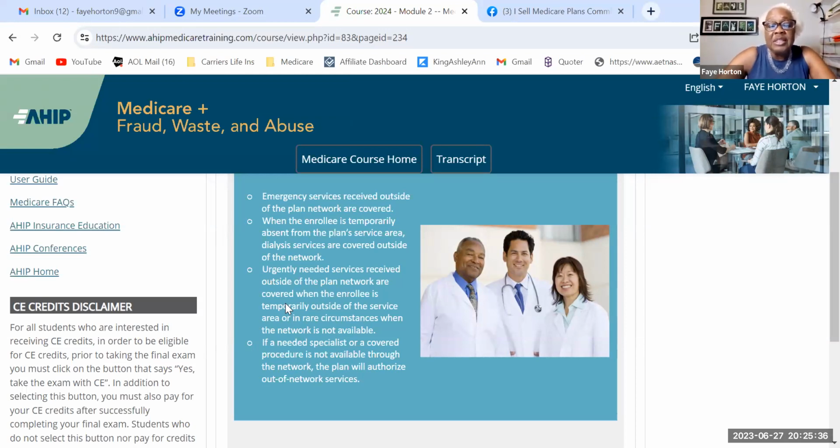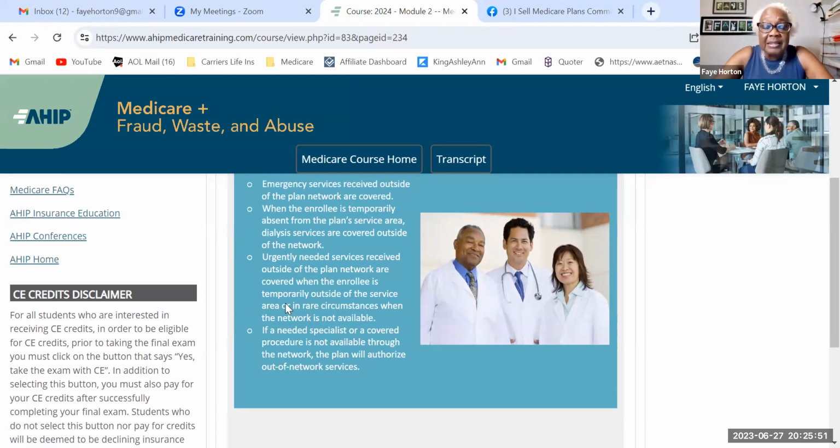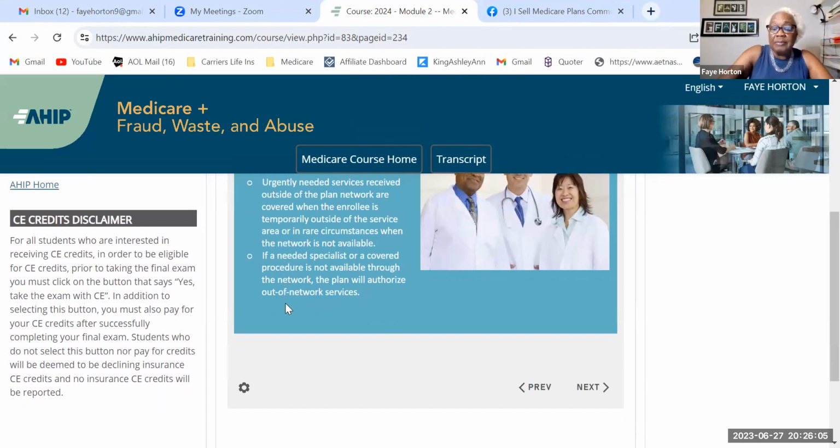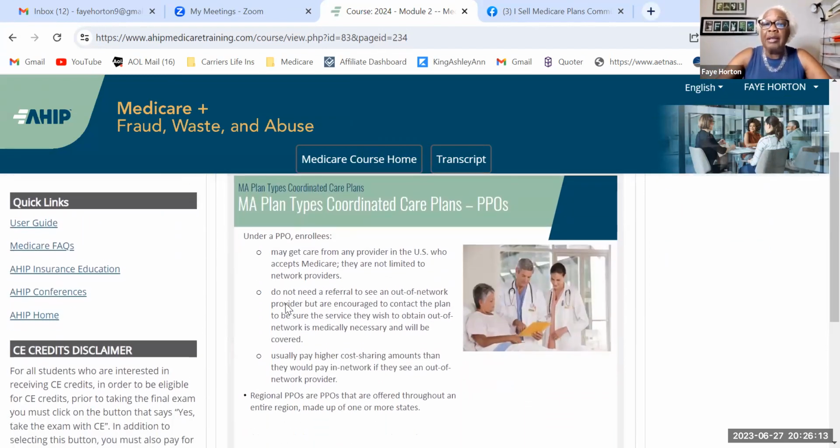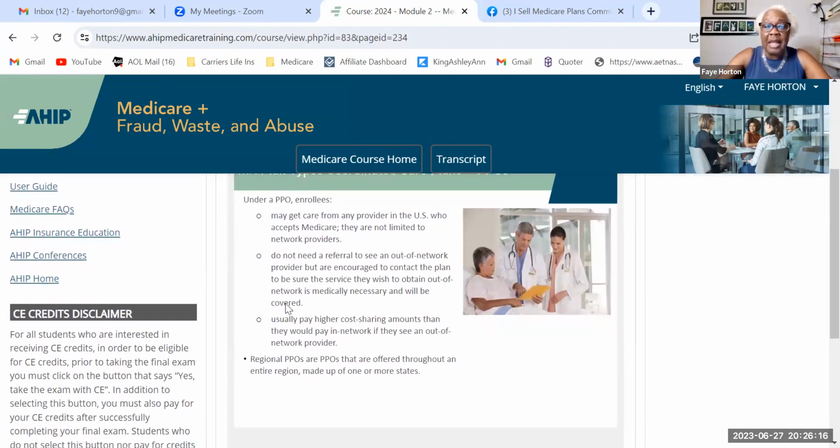Urgently needed services received outside of the planned network are covered when the enrollee is temporarily outside of the service area, or in rare circumstances when the network is not available. If a needed specialist or a covered procedure is not available through the HMO network, the plan will authorize out-of-network services. So those are your exceptions to having services within the HMO and they're outside of the plan's network.